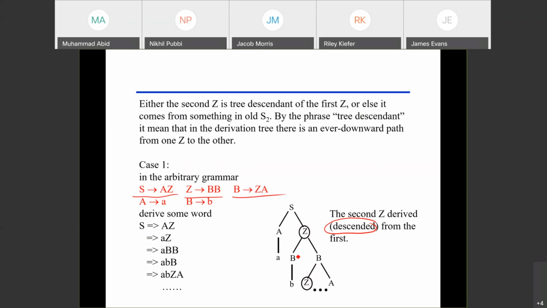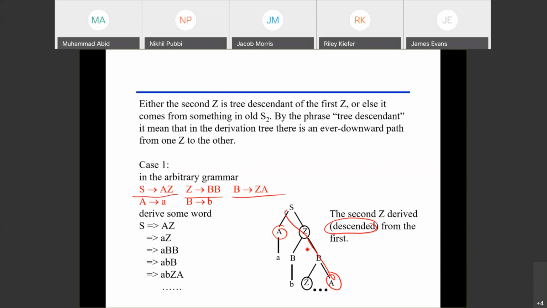So this B and this B are not descendants of each other, because you can go up, but you cannot come down, so you cannot reach this B. Exactly, you have this A and this A. These are not descendants of each other. You can go up, up, up, but you cannot reach here because it is down here. You can only go up, you cannot go to the same level.